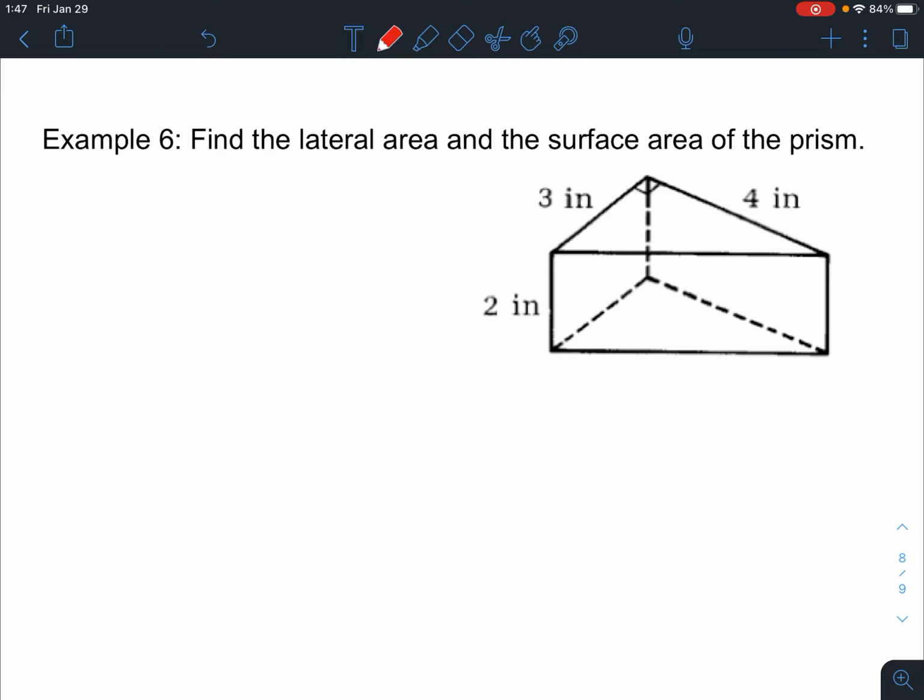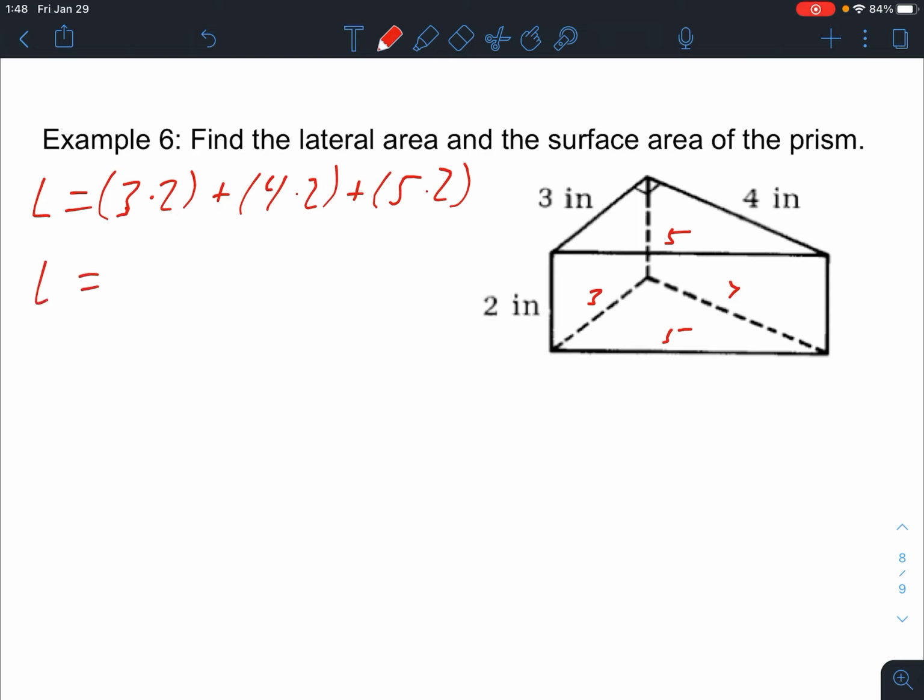For number 6, doing Pythagorean theorem will get you that this side is 5. So this is 3, this is 4, and this is 5. So for the lateral area, the 3 rectangles, you're going to do 3 times 2 plus 4 times 2 plus 5 times 2, and that will be your lateral area, which is 24 square inches.